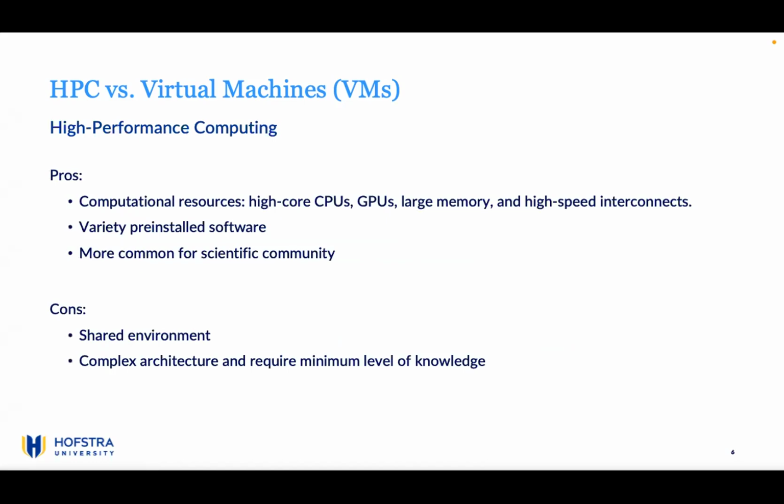Talking about HPC. HPC provides huge computational resources. For example, our cluster has 1,000 CPUs and several terabytes RAM, and we have about 40 GPUs on the cluster. It's 20 A100 and 20 H100 GPUs.